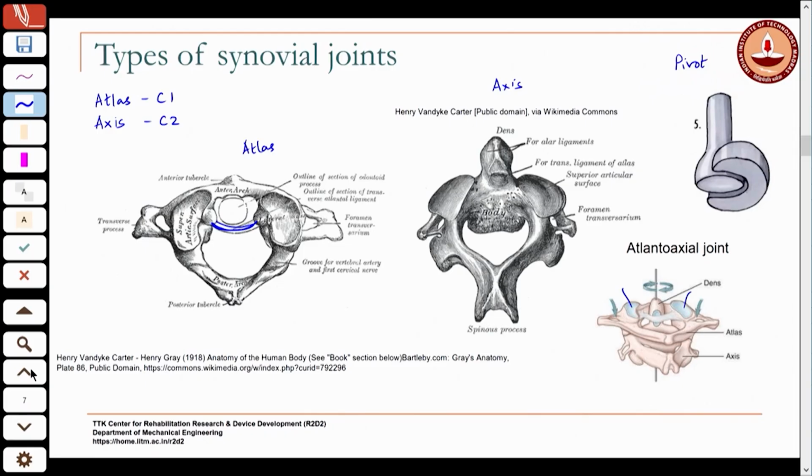The side rotation is slight, but the rotation about the longitudinal axis occurs about a different joint. So, you have two major joints between the skull and the cervical vertebrae.